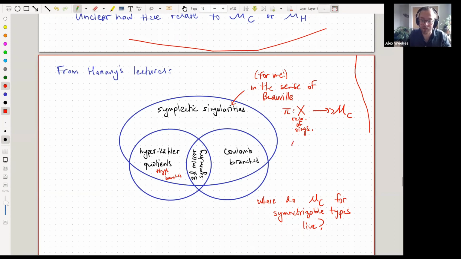When you pull back the symplectic form from the regular locus, which is an open subset, you're getting a two-form on some locus inside this resolution. You need to check that this actually extends to a regular form. It's a technical thing, but it means that they're nicely behaved.